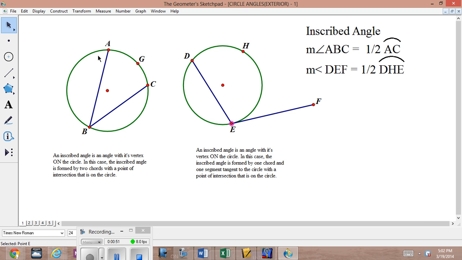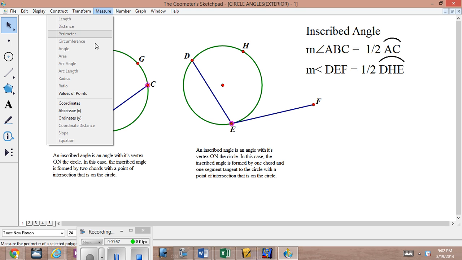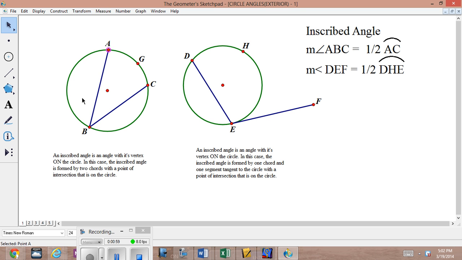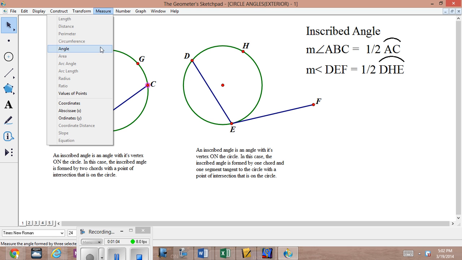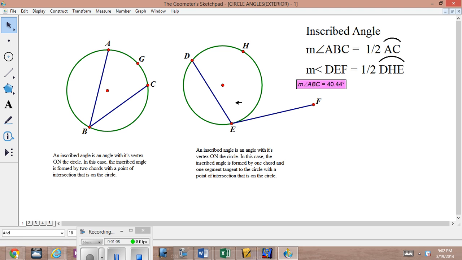So let's measure this angle ABC and confirm that. Measure the angle at B. The angle there can be measured easily enough. Bring it over here, and we'll measure the arc.